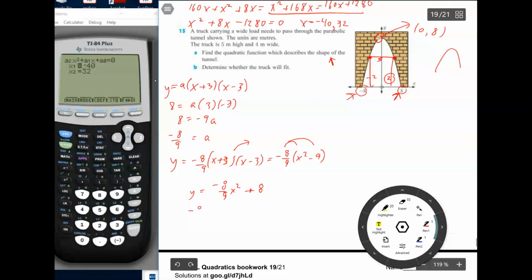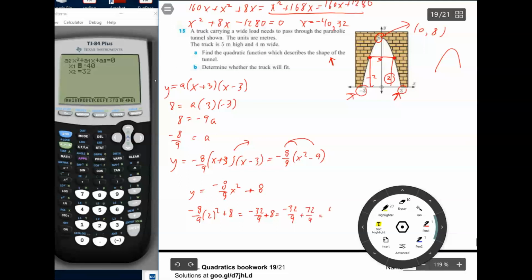So -8/9 times 2 squared plus 8. So that would be -8 times 4, which is -32/9 plus 8. Okay, and that would be -32/9 plus 72/9, because 8 is equal to 72/9, right?